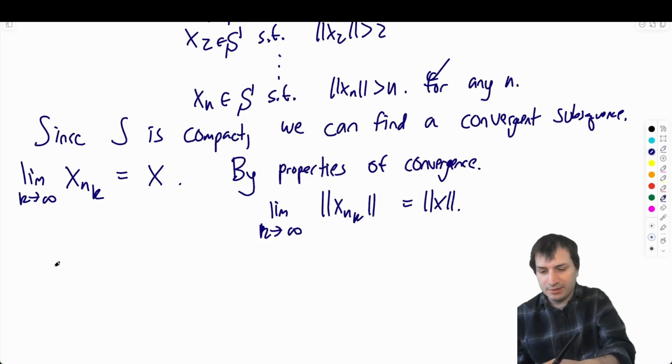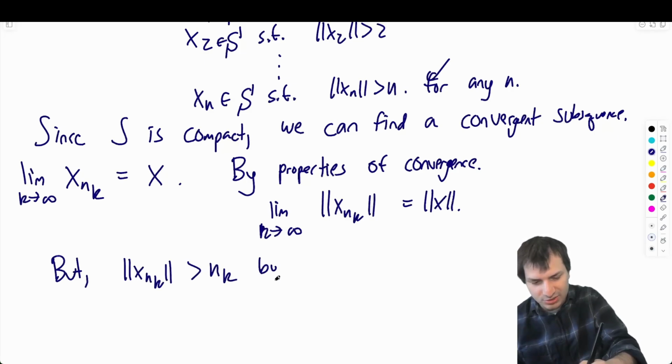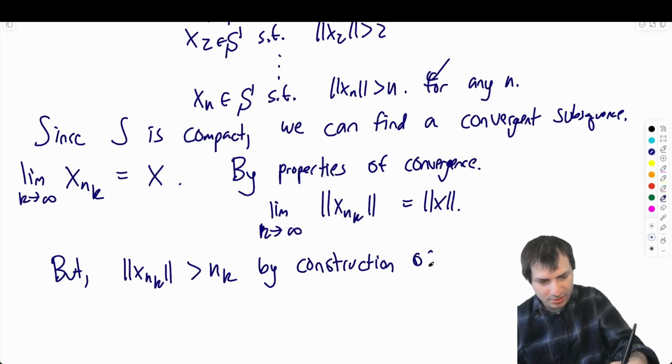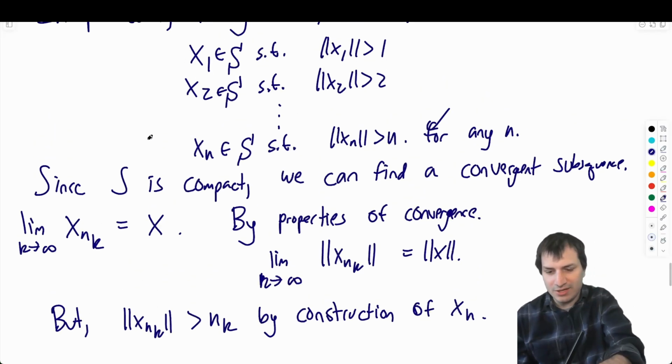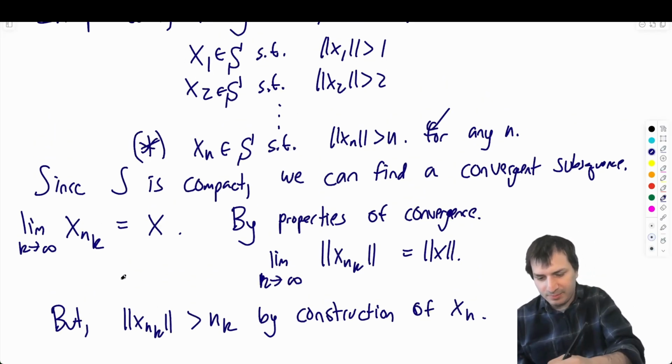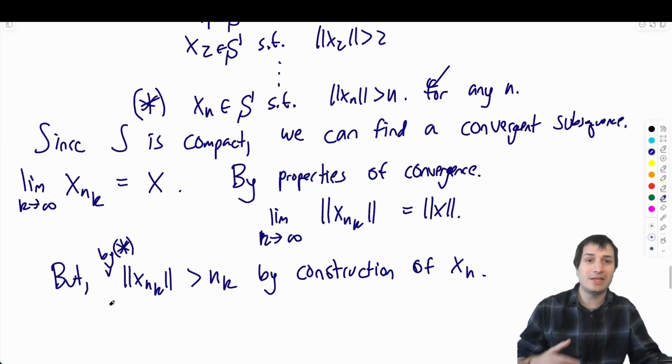On the other hand, the norm of x_{n_k} is greater than n_k by construction of the x_n, right? So the sequence was constructed. You could give this a star. You could say by star, the norm is bigger than n_k. It is going off to infinity.